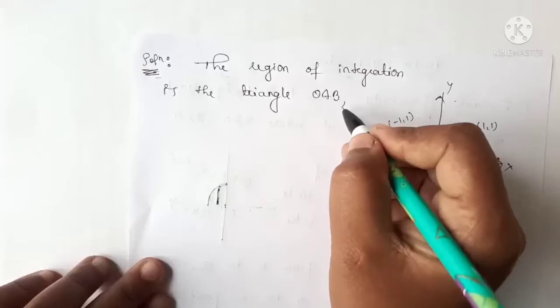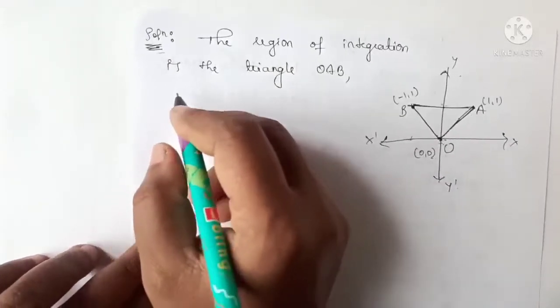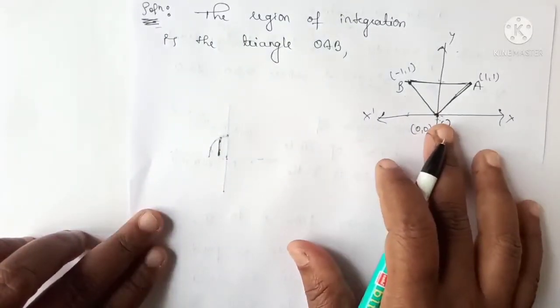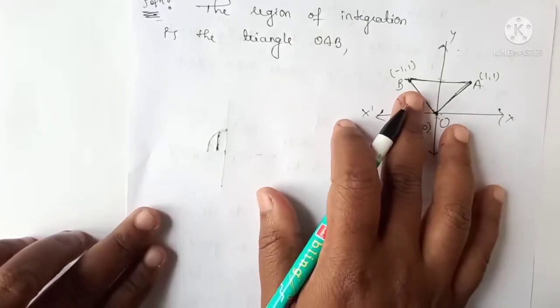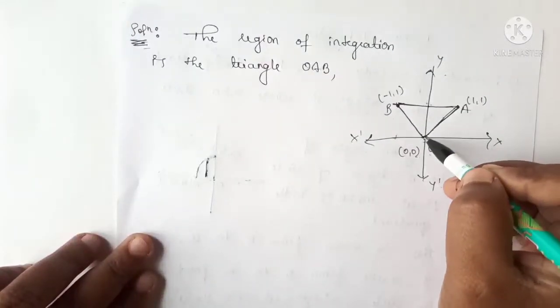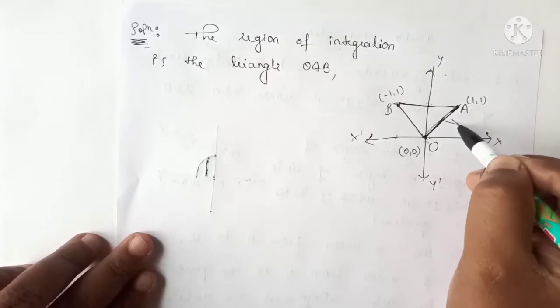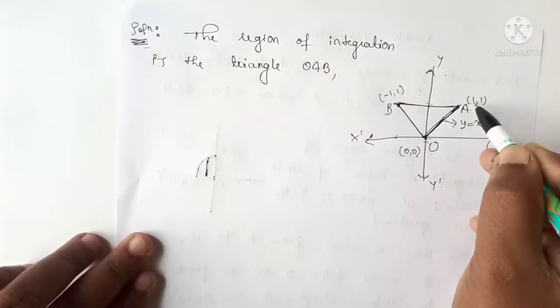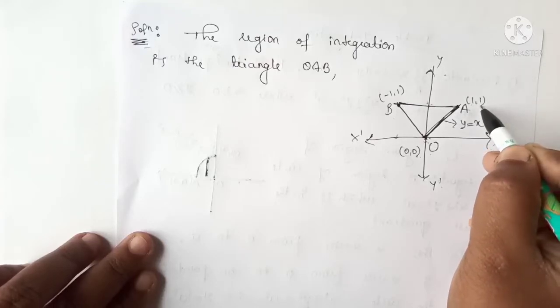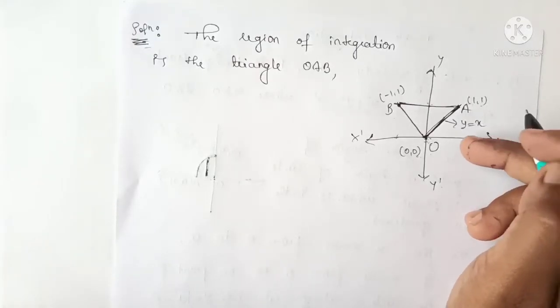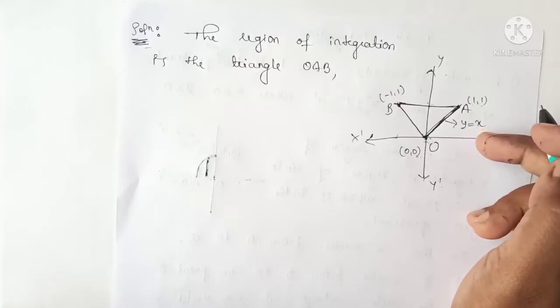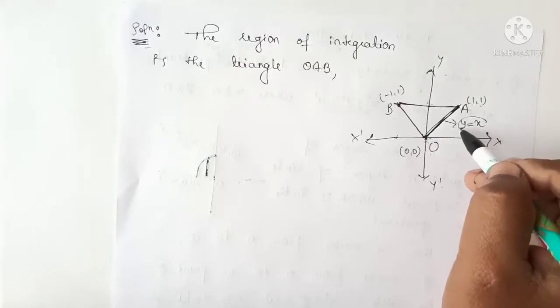Now, by observing this figure you can see that this line represents y equals x, because as x equals 1 we have y equals 1. So for all the values of x, y will be the same as x.